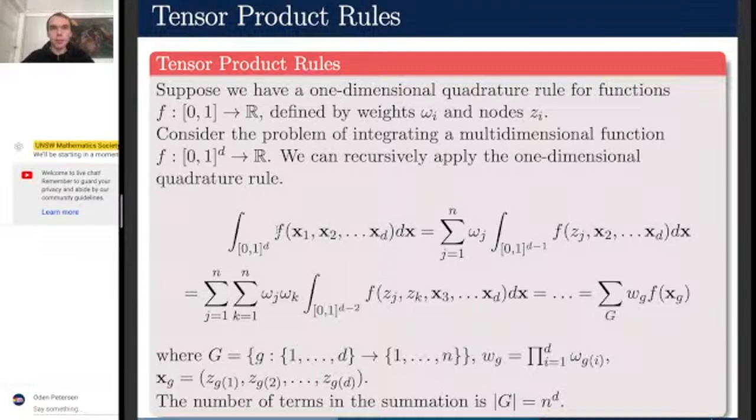And basically the reason for that is the integral of this function over the d-dimensional unit cube should be the same as the expectation of the function if you sample uniformly from this domain of integration.